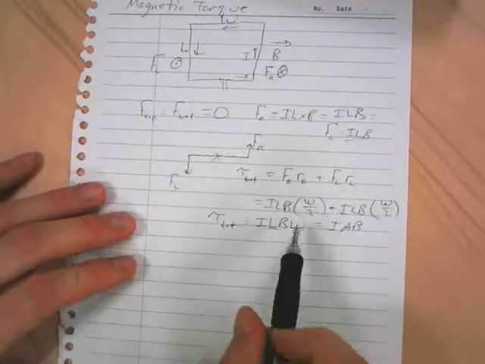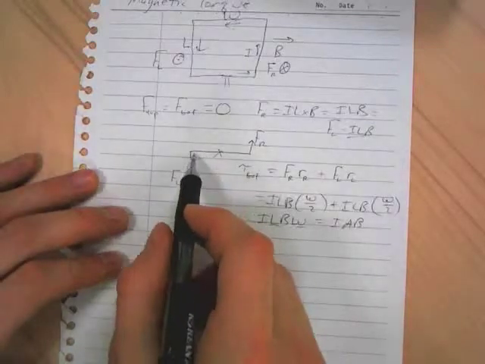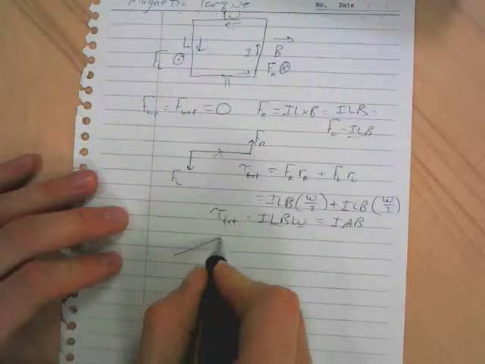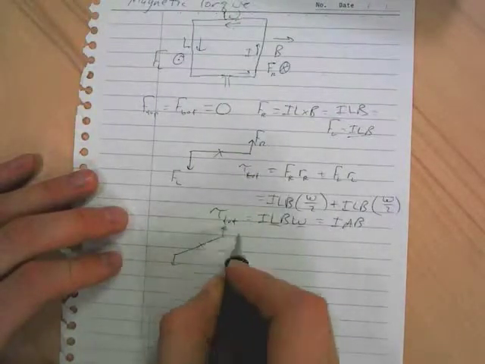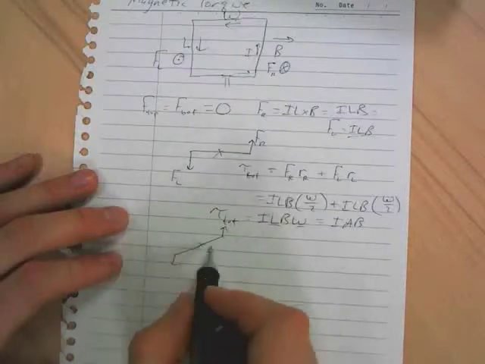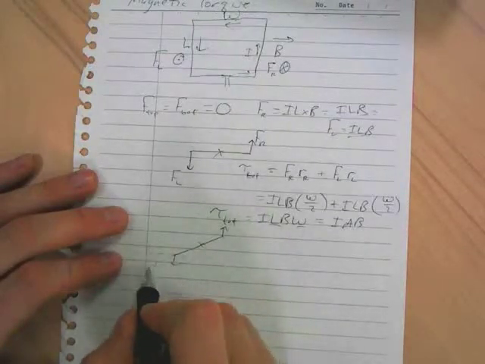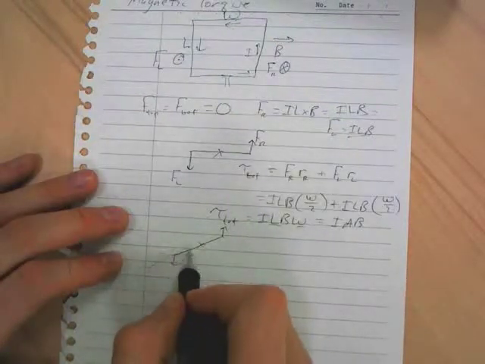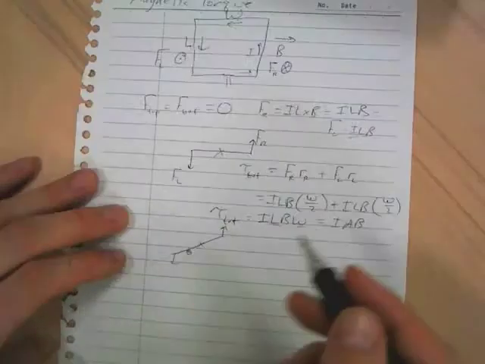And in general, if, for example, instead of being aligned in the same direction as the B field, we turn our loop so it's like this, our forces are still like this, then the angle that this is making to the horizontal, the torque is proportional to the sine of that angle.